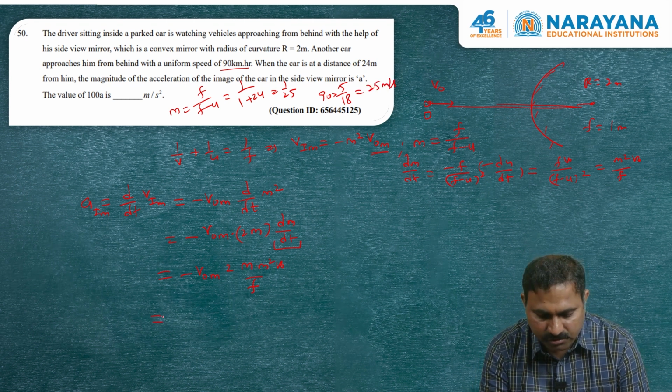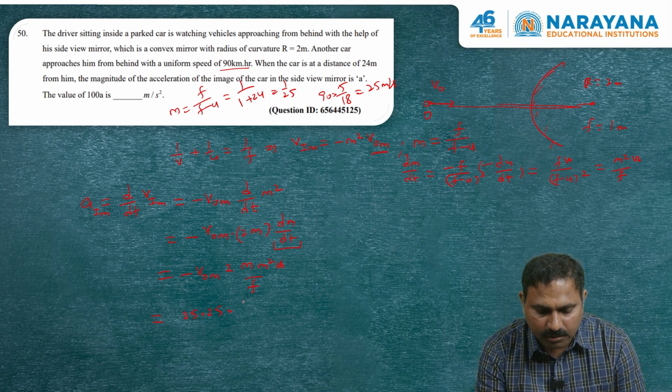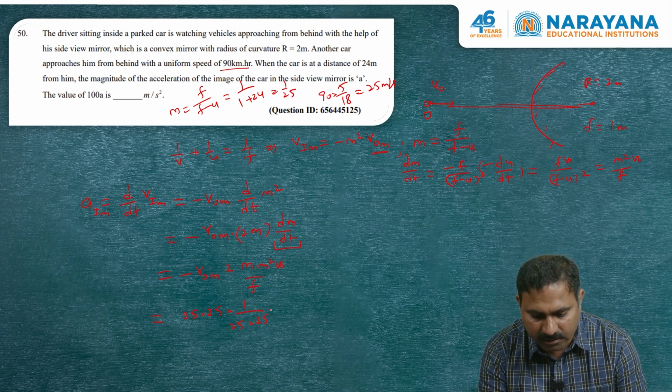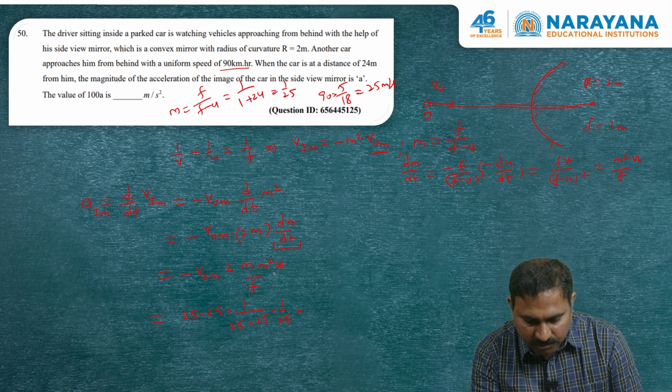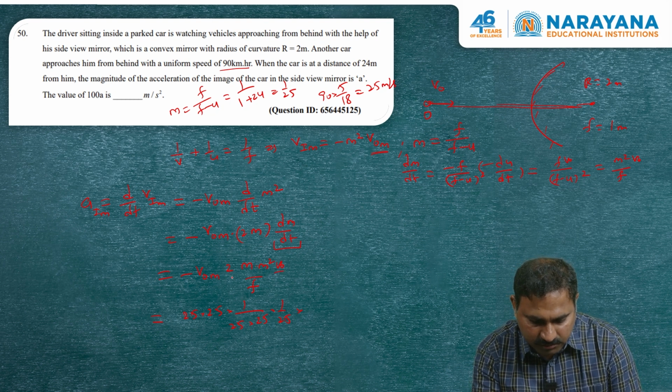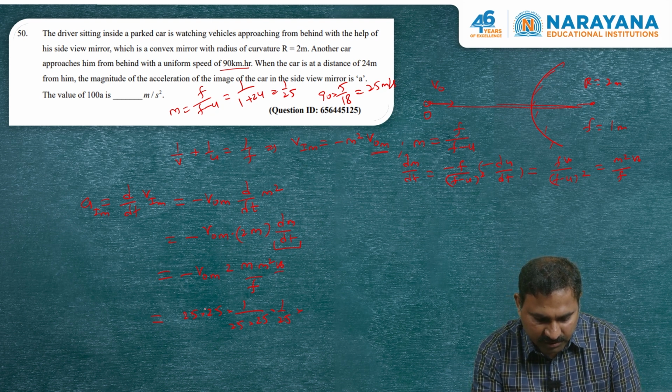Now, if I substitute those values, this is 25 into 25, and the magnification cube we are getting will be 1 by 25 into 1 by 25 into 1 by 25. Again one more v naught term is there here. This is 2 actually, not v naught square.